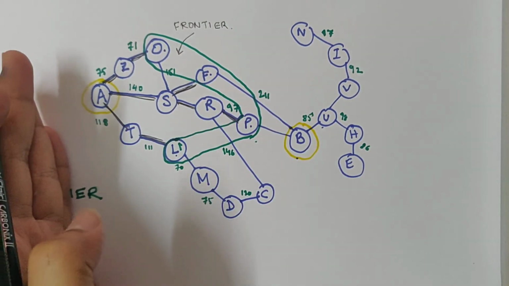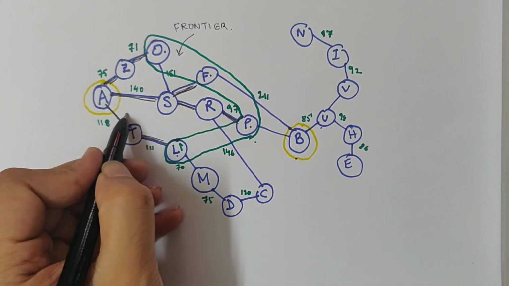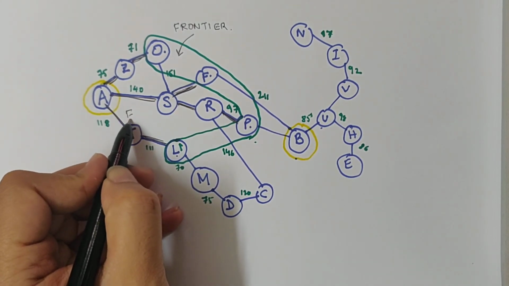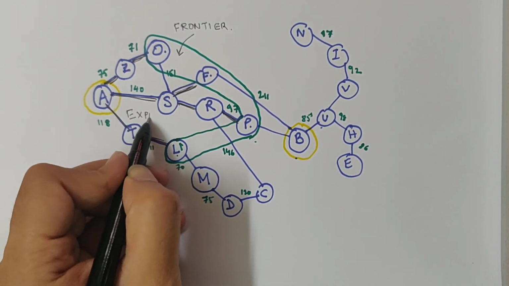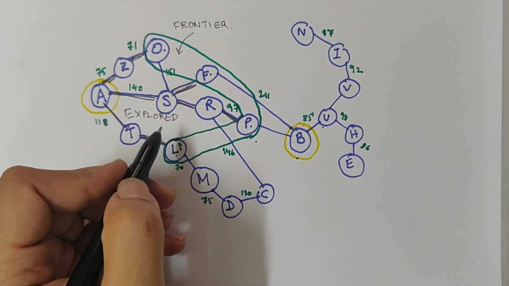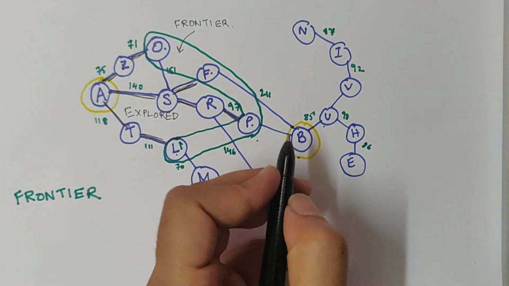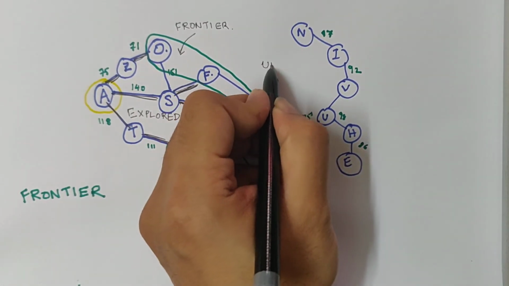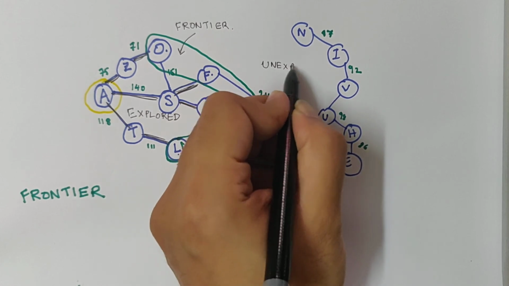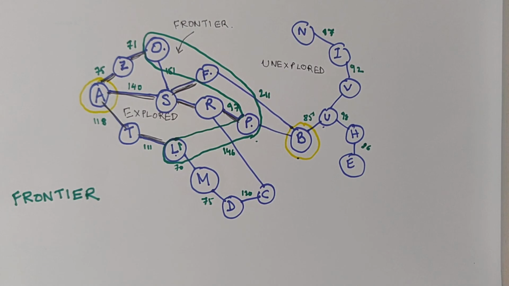On the left of the frontier, we have the states which are already explored, and on the right of the frontier, here we have the states which are unexplored.